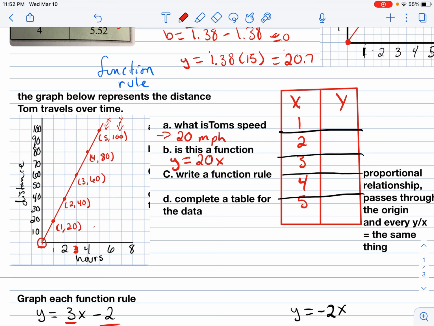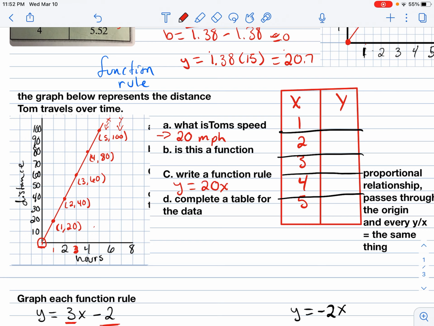So we're just going to keep multiplying that by the number of hours he travels. This is also the slope. So we'll get into that later, but that's the slope, the rise over the run. Okay, and I wrote that function rule in the wrong spot. It was down here.